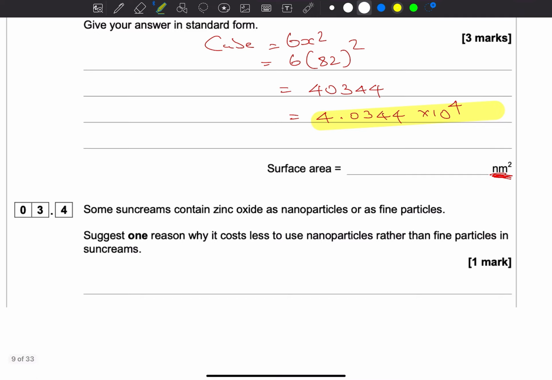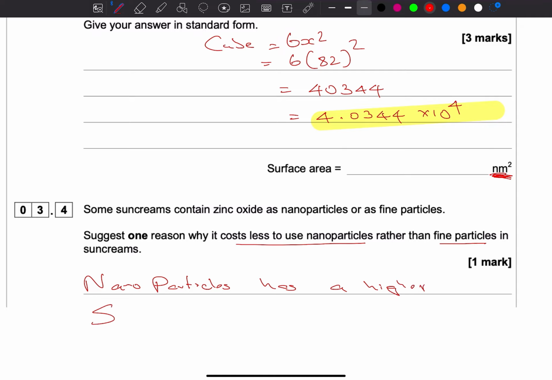Okay, why does it cost less to use nanoparticles than fine particles? Because nanoparticles always have a high surface area to volume ratio. So less amount of sunscreen, is it sun cream?